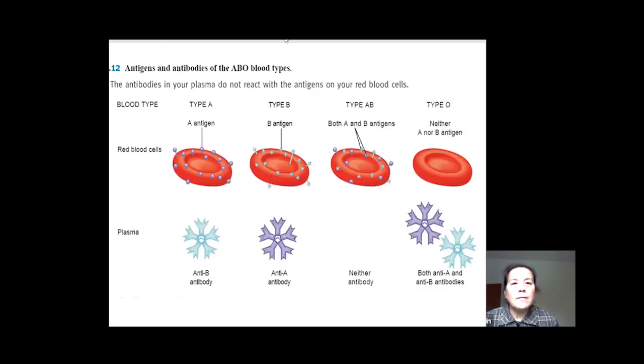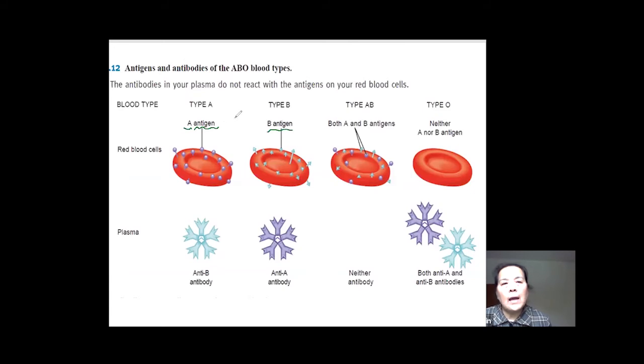So red blood cells are not the same for everybody. Attached to the red blood cell are some special proteins, and these proteins are different. We call this kind of protein an antigen. We have different types: we have A type, we have B type.